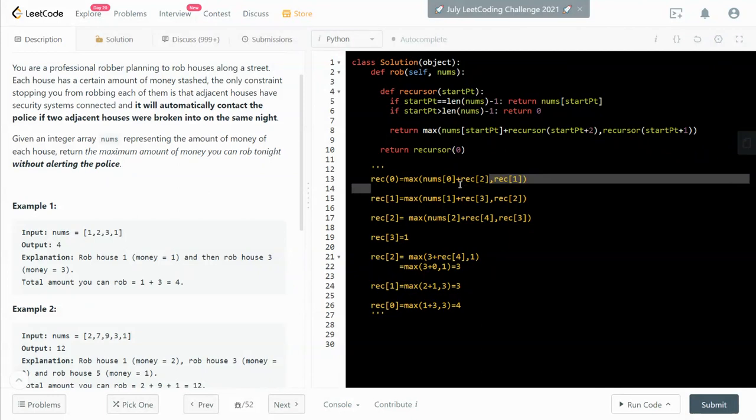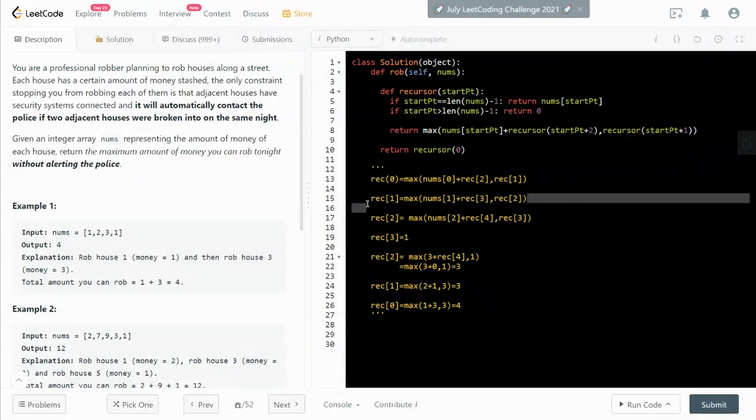And rec2 is equal to the maximum of nums2 plus rec4, because 2 plus 2 is 4, and rec3, because 2 plus 1 is 3. Then we ask ourselves what these numbers are.